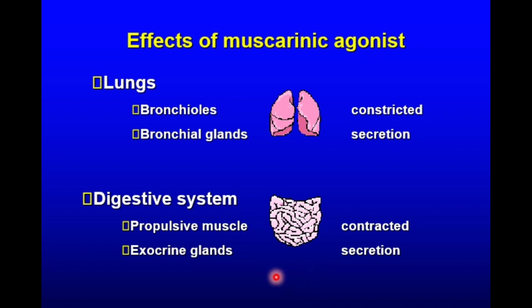Muscarinic agonists cause smooth muscle contraction and stimulate propulsive activity. Gastric and digestive glands of the alimentary canal are also stimulated. Generally, it can be said that muscarinic agonists increase exocrine gland secretions.